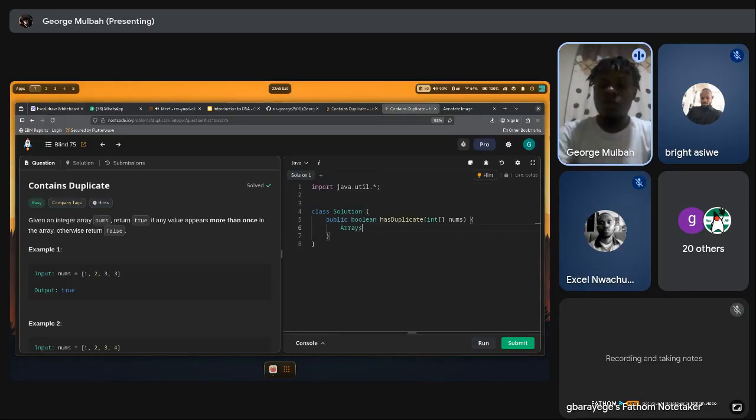And then the solution you were talking about is this. You sort the array, and then after you sort the array, what you can do, say r equals 0, and then we want to say r less than nums.length.